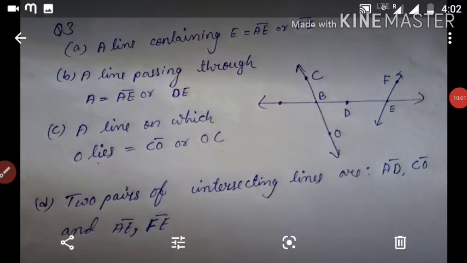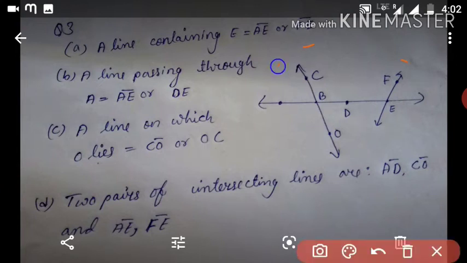So the answer for question number 3, we can see the figure. This is the given figure. Now a line containing E, isn't it? This is T, okay? A line containing E. Now which are containing E? You can see here AE.